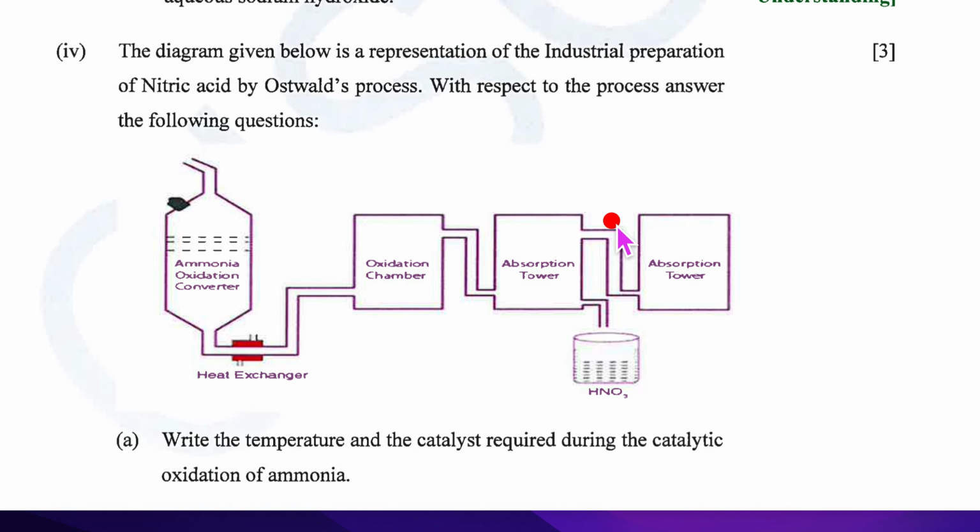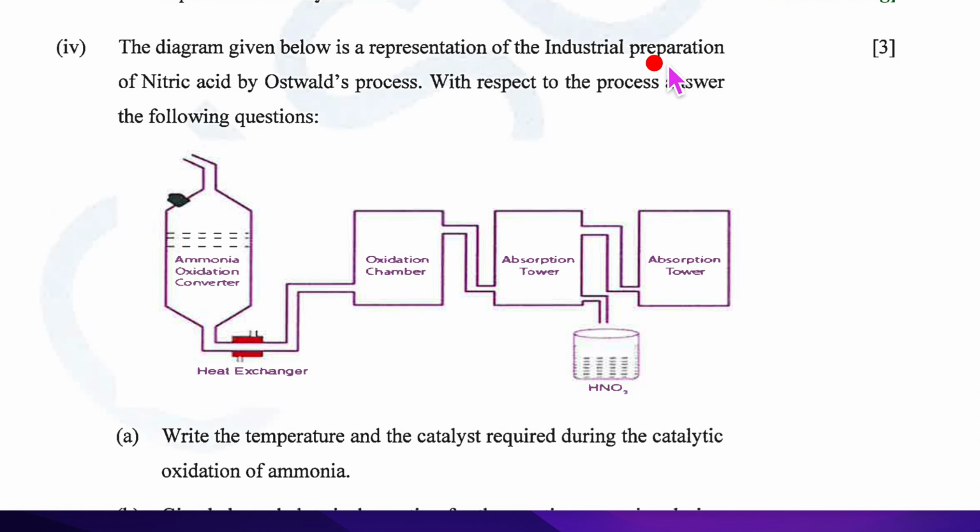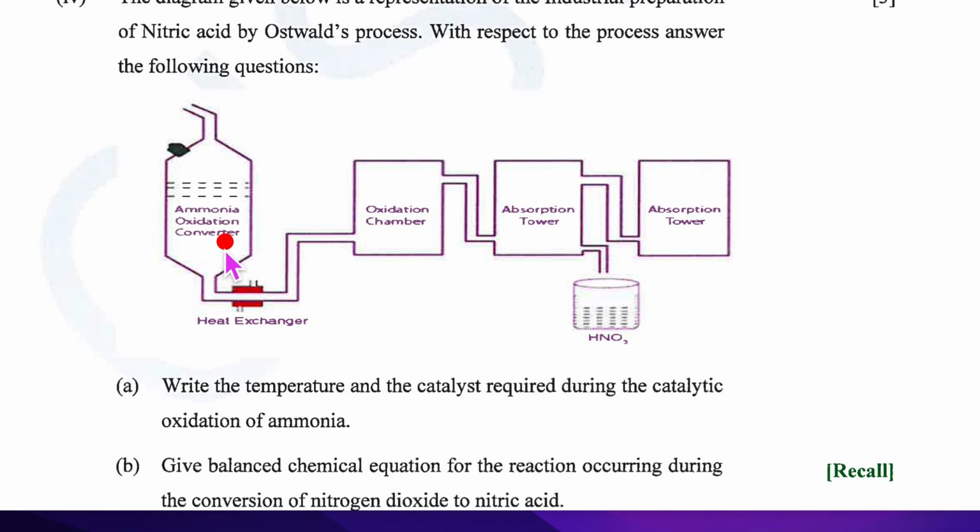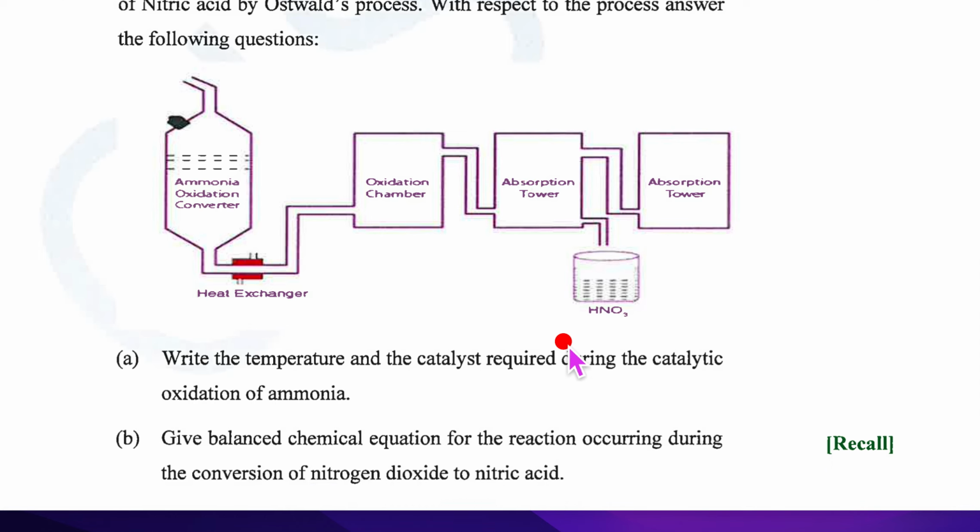Let's come to the 4th one. Nitric acid preparation, Ostwald's process. And the process has ammonia oxidation chamber. So here we have NO becomes NO2, NO2 becomes HNO3 here. So that's how we get HNO3.